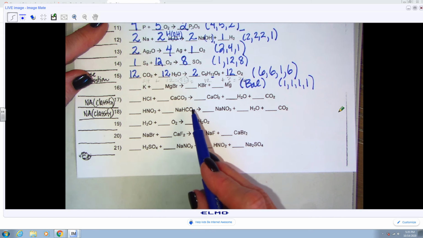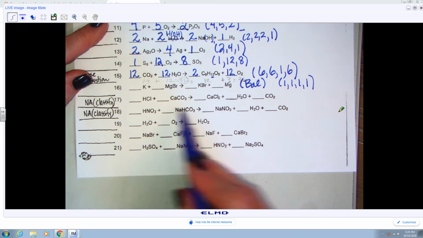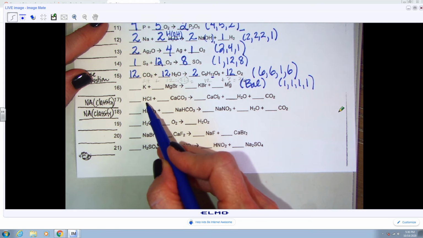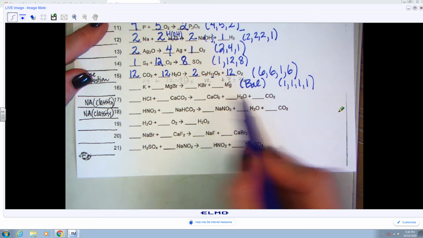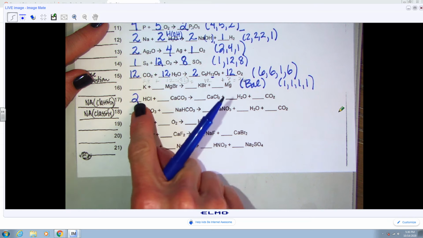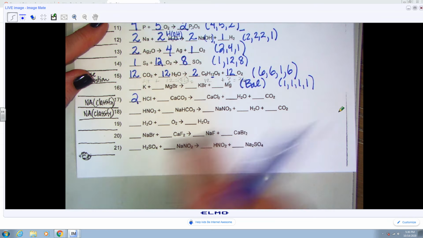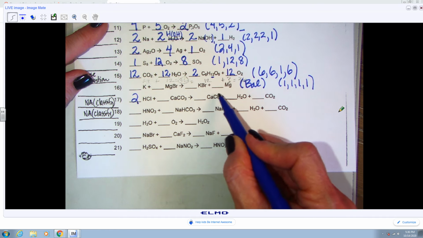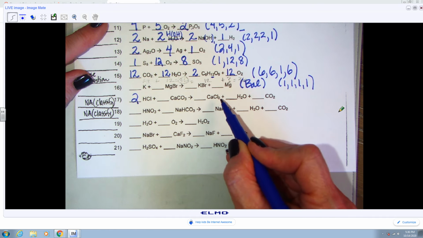So let's take a look here. I'm just going to start with the hydrogen. We have 1 hydrogen here and 2 hydrogens here, so let's put a 2 in front of the HCl. That gives me 2 hydrogens and 2 hydrogens. Now, that gives me 2 chlorines, and look, you already have 2 chlorines on this side, so they're balanced.